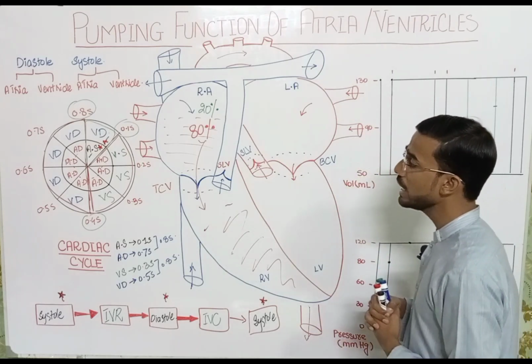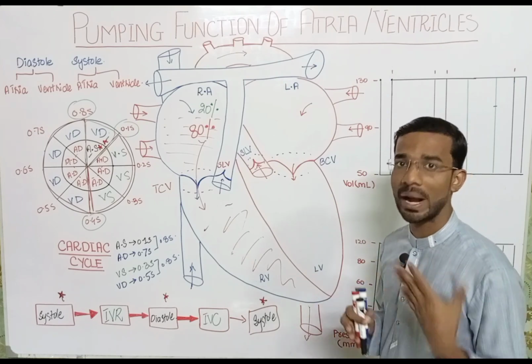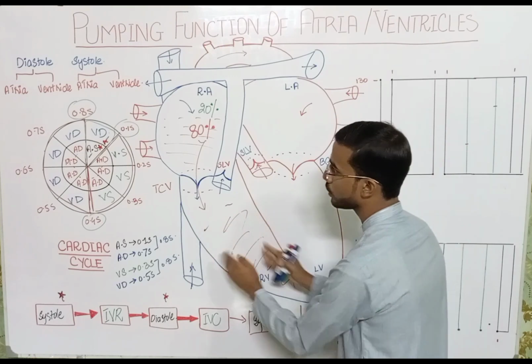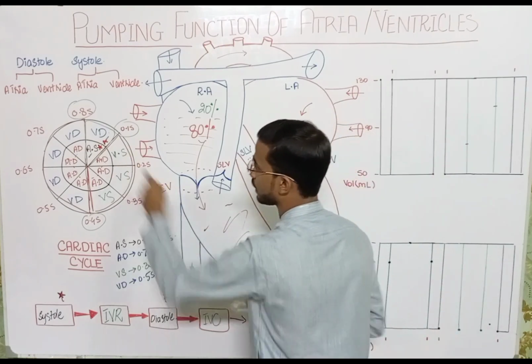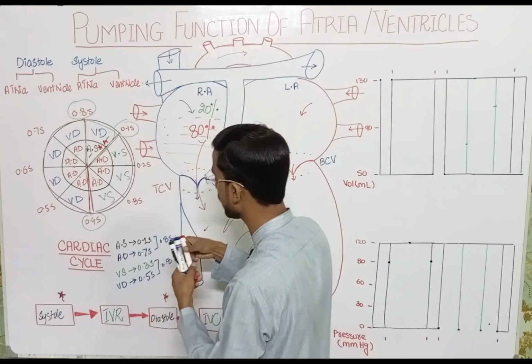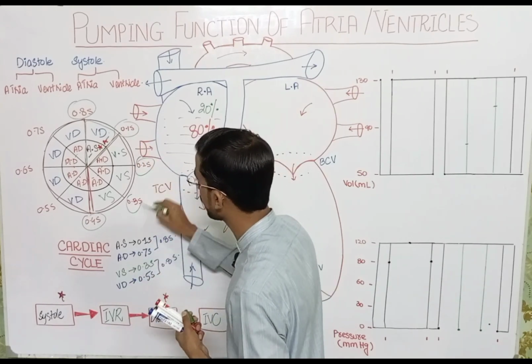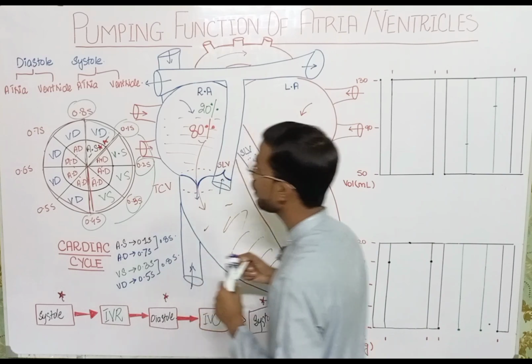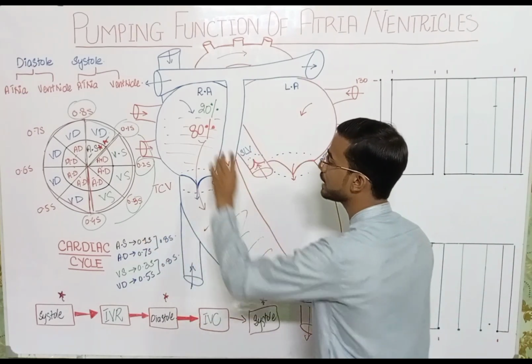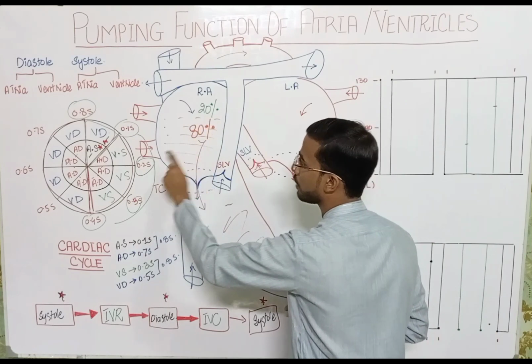Now if we talk about the ventricle, here is the cycle from 0.1, 0.2, 0.3. After that the ventricle contracts, and in that situation the atria relax.